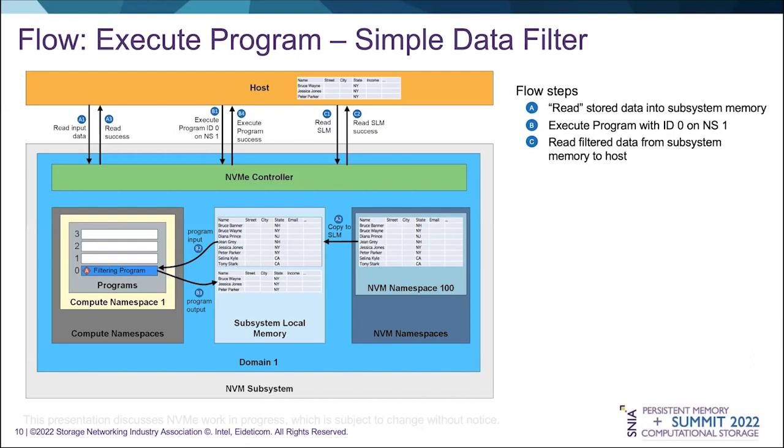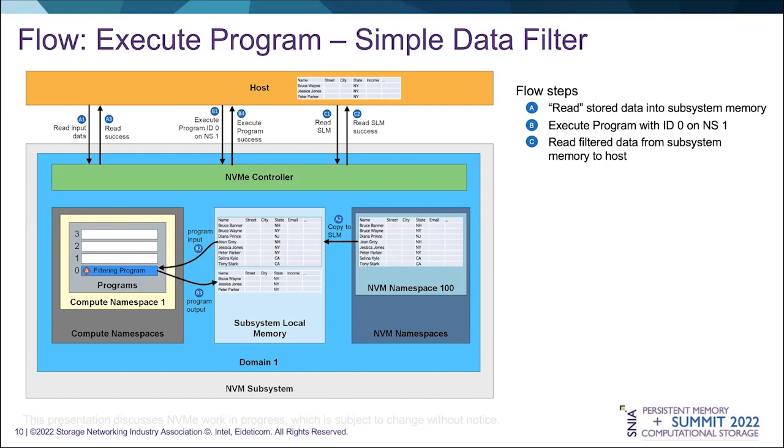And like NVMe everywhere, these commands are typically 64-byte submission queue entries that we place on a queue somewhere in memory, and that memory could be on the host or on the device if we're using controller memory buffers. And then we ring doorbells, and the device supports multiple queues, and it will process those queues not necessarily in order, and post completions when those commands are done.